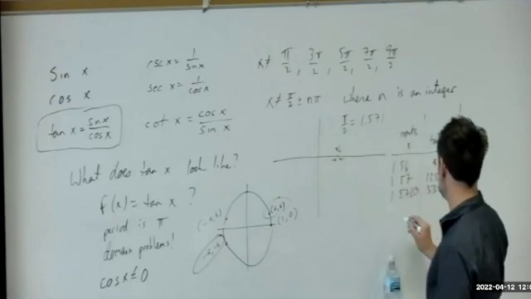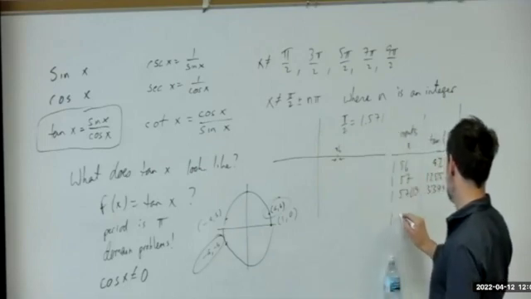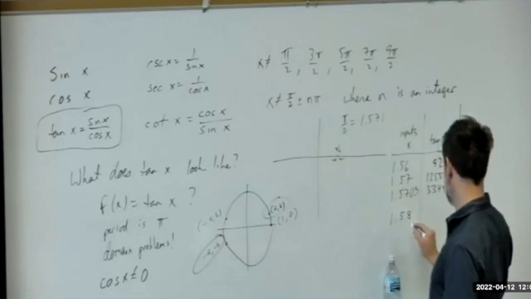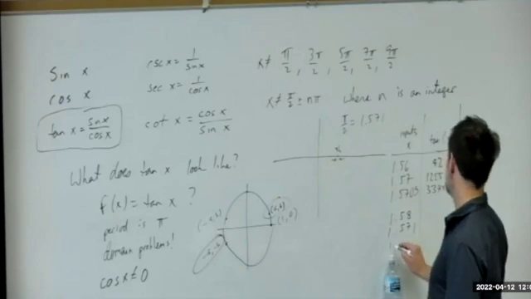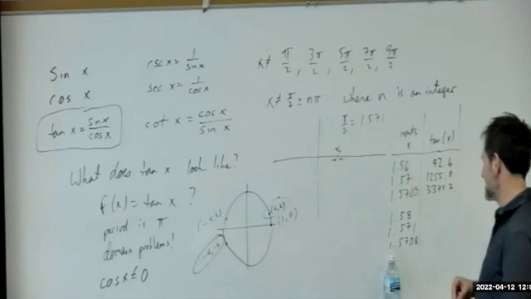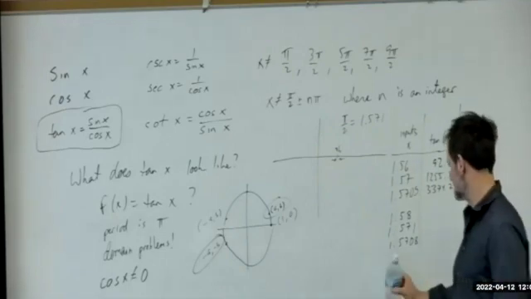Now, what about this right side? Let me get some numbers. 1.58, then 1.571, and 1.5708. I want to stay on the right side of pi halves.